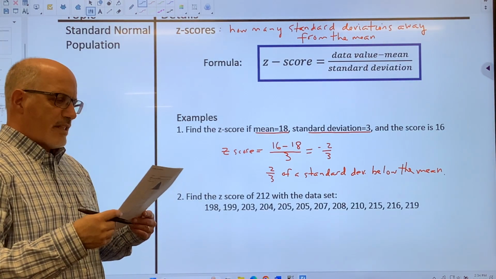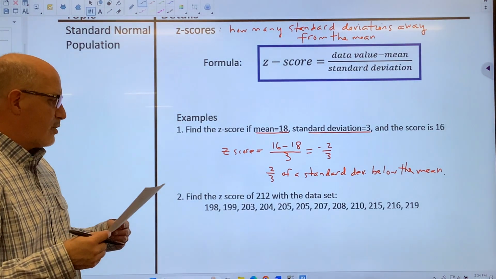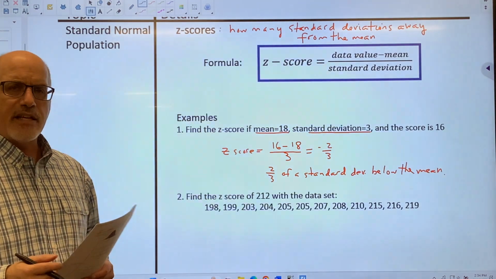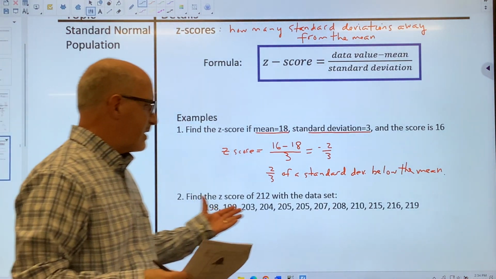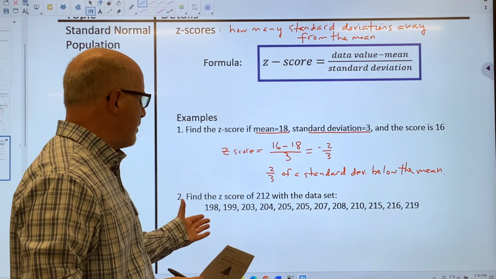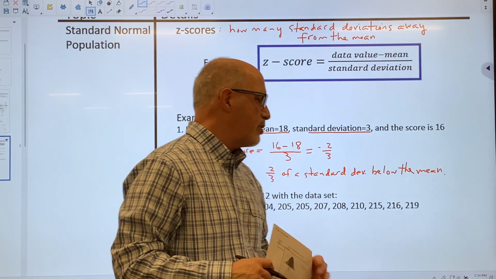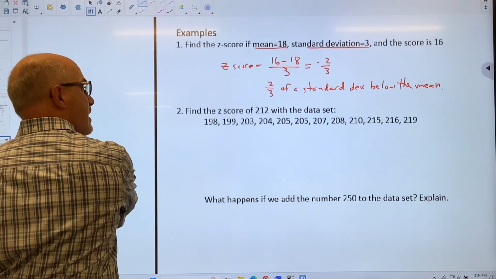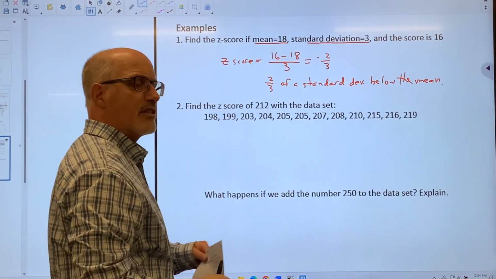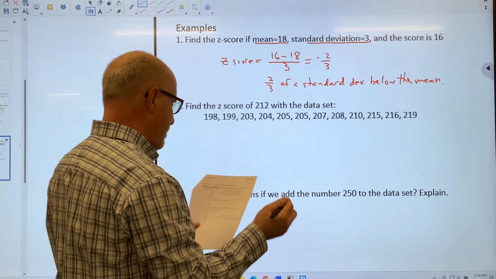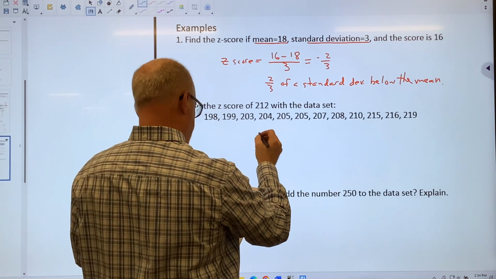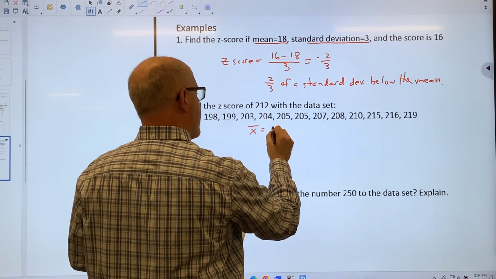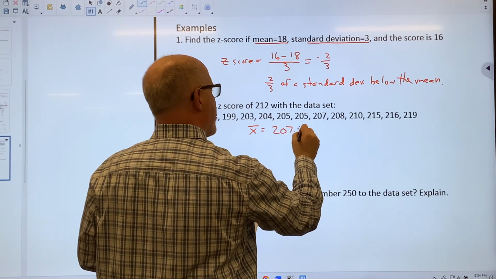All right, so let's now try the next one. If we were to enter this on a calculator to find our data information, so take this list of numbers. The minimum is 198, the maximum is 219. Enter it into a calculator and get out the information from that. What you would find is that the mean of this data set, I'm going to use X bar for it, is 207.4.